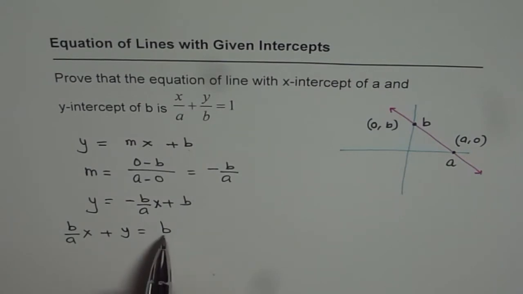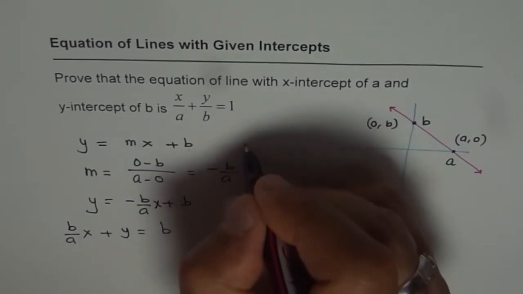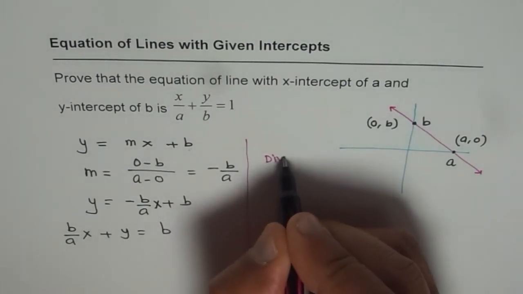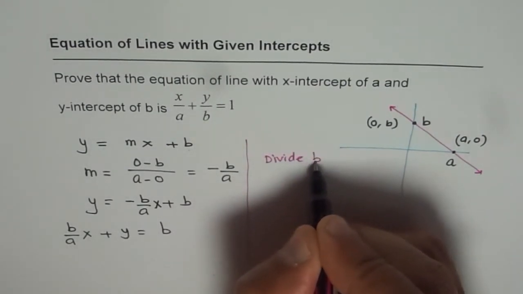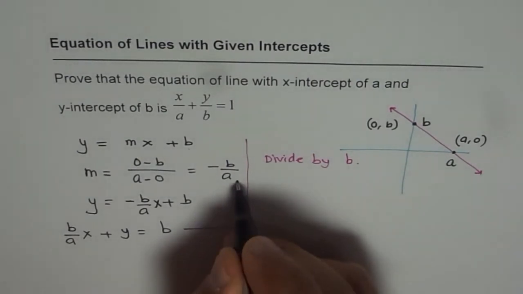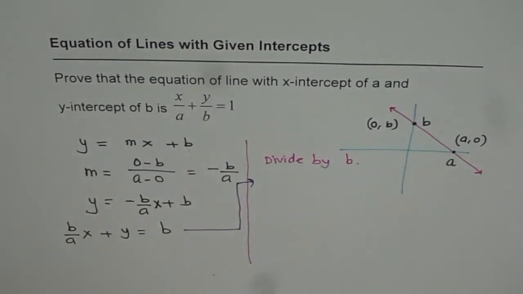Now if I divide by b, what do I get? So we take the equation from here and divide by b on both sides.